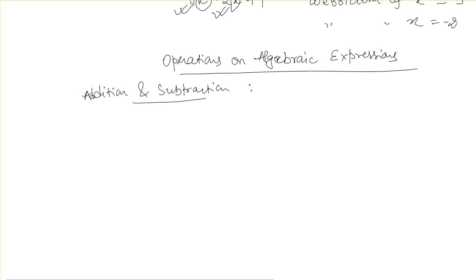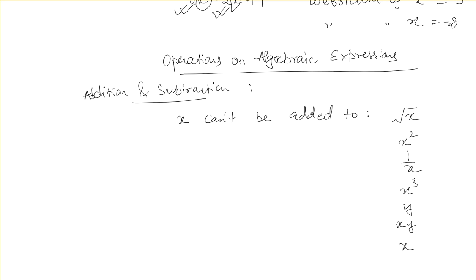Let me be very clear that x can't be added to root x, x square, 1 by x, x cube, y, xy, x power 5, etc. X can be added to only x. 2x plus 3x is equal to 5x.